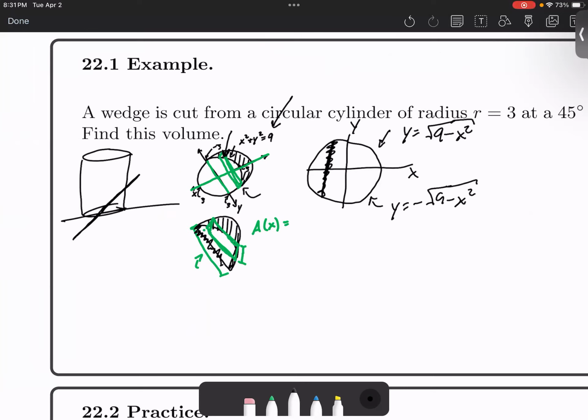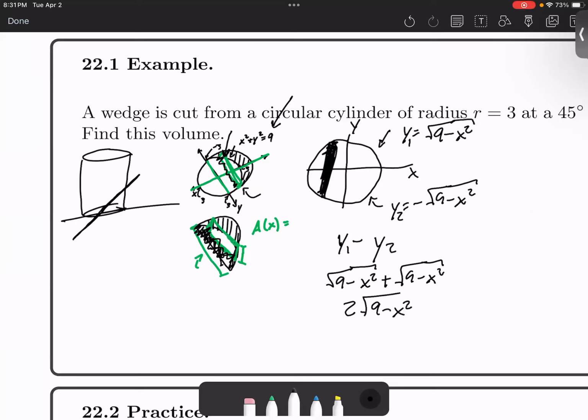So the top curve minus the bottom curve, maybe this is y1, this is y2, is the square root of 9 minus x squared minus a minus square root of 9 minus x squared. So the length of these rectangles is given to me by 2 times the square root of 9 minus x squared.